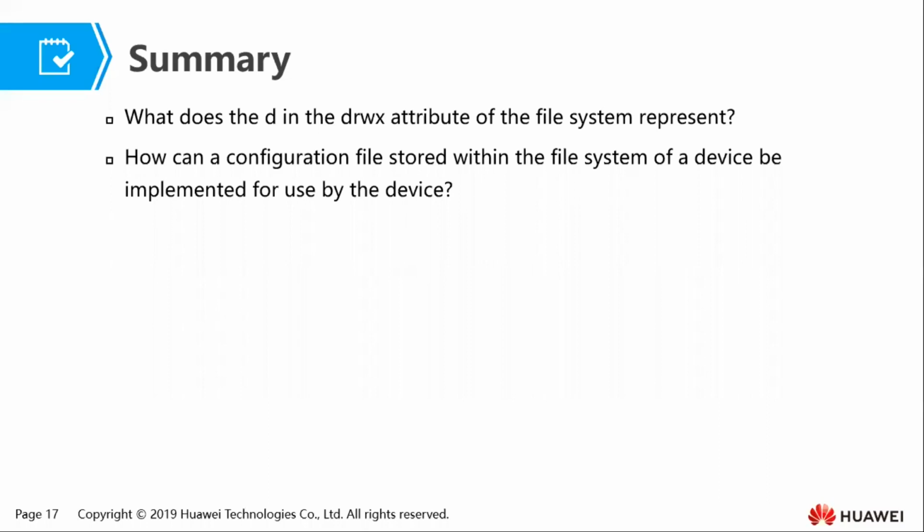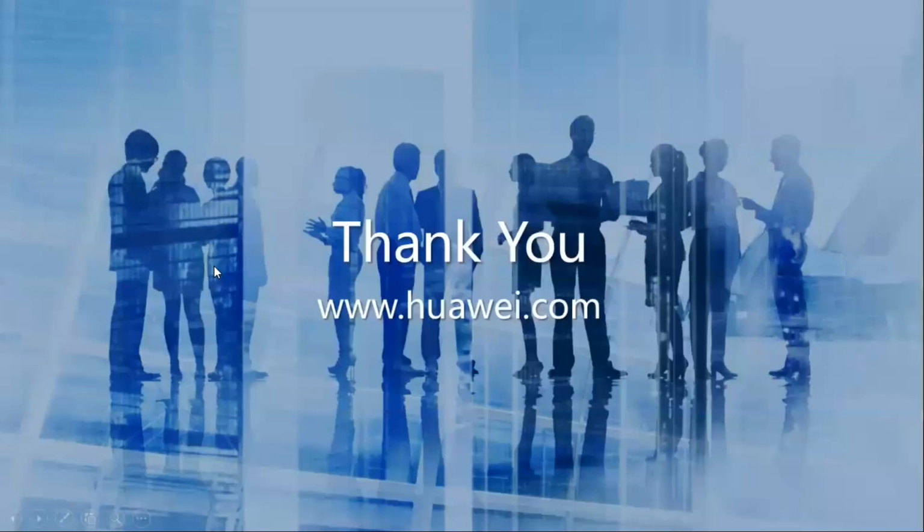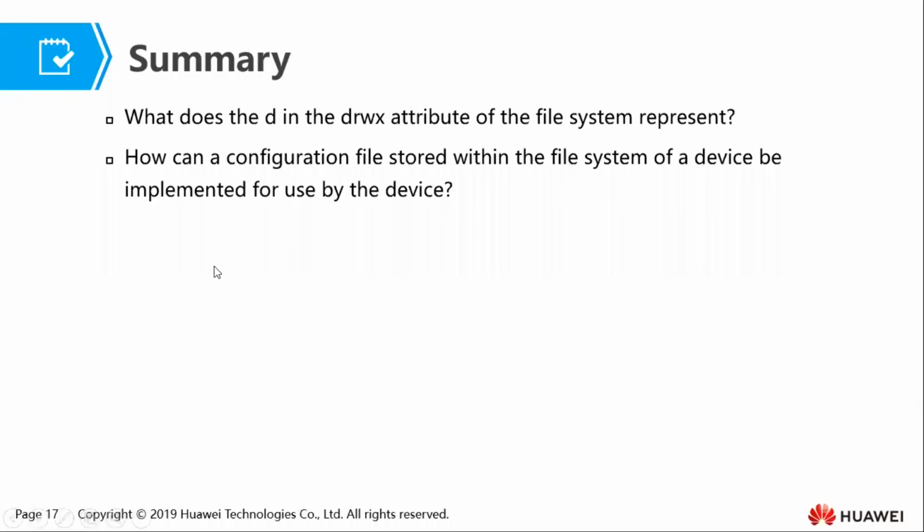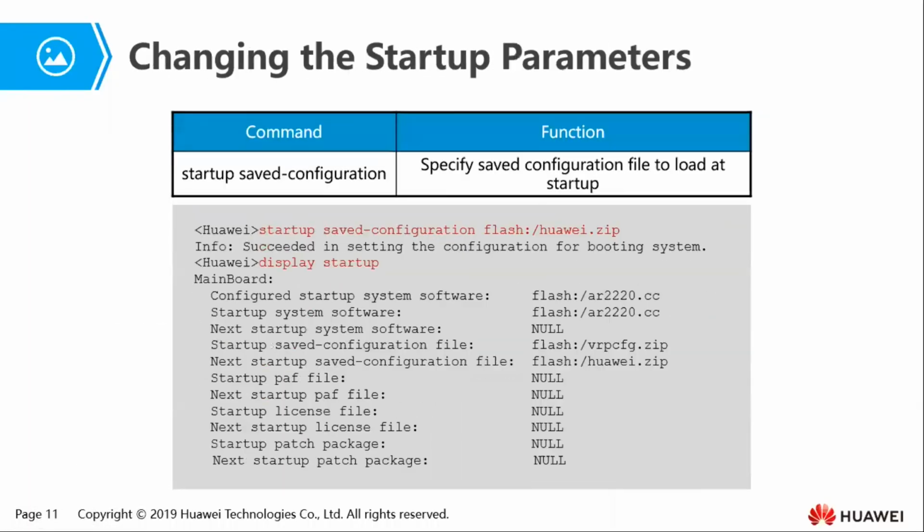Because from there we had two rules: the load and the save. So we can use the save. Implemented for use. So we can use the startup saved configuration. Exactly.